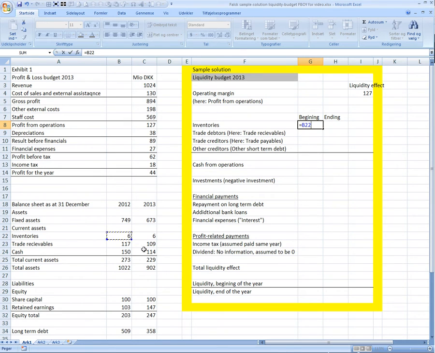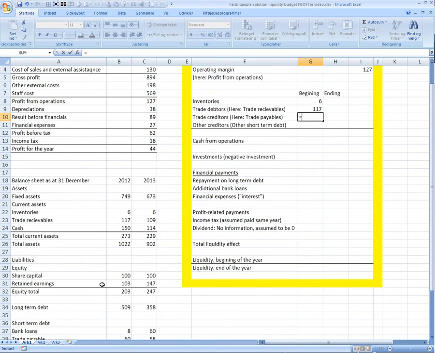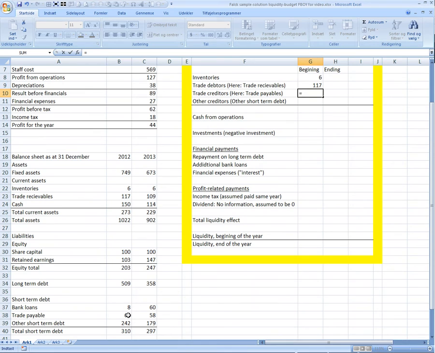They are actually very small in this company. It's a service company, they hardly have any. The debtors, trade receivables they call them here, are so much. The trade creditors, we have to look for them further down. Trade payables they call it here.